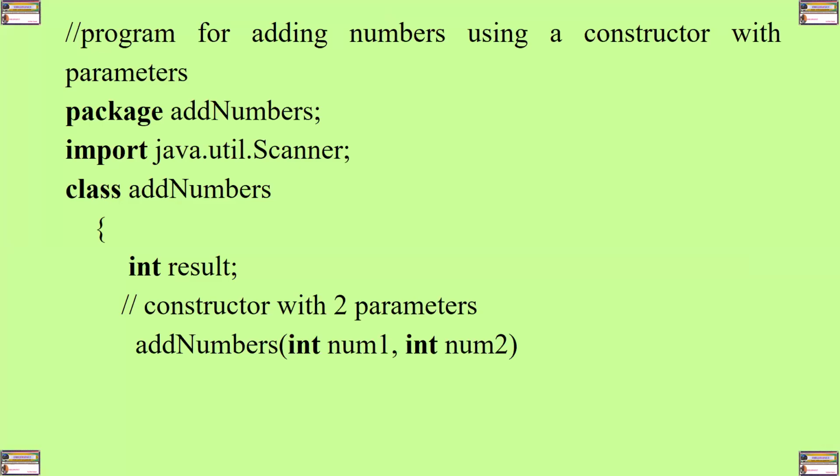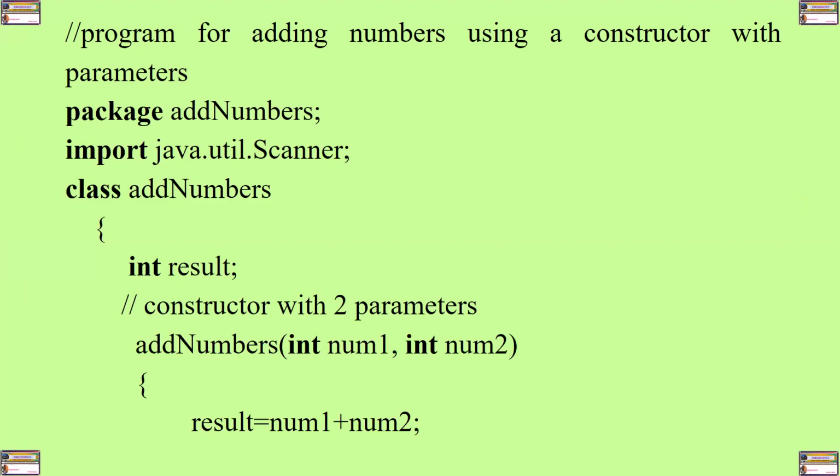This constructor is called AddNumbers. As you can see, the name of this method, which is a constructor, is similar to the name of the class in every manner. But this method called AddNumbers is receiving two values through the parameters, that is the num1 parameter and the num2 parameter, both of which are of type integer.